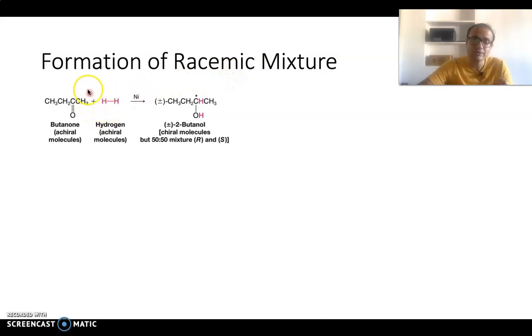So I told you, when we start with an achiral molecule, such as this particular 2-butanone, this molecule is actually achiral because there is no chiral center present in the molecule. Now, if you look at this molecule, what is happening is the reduction of this carbonyl functional group.